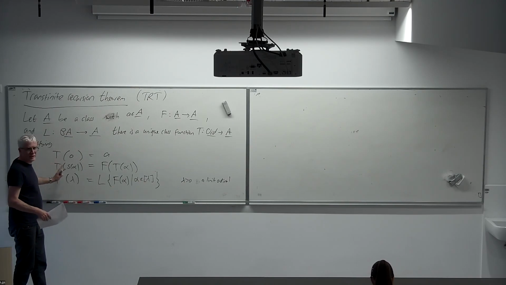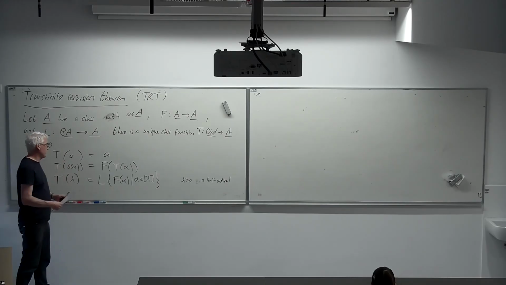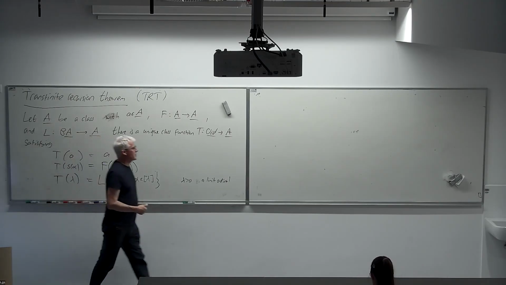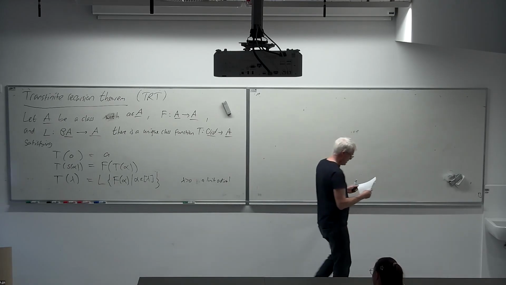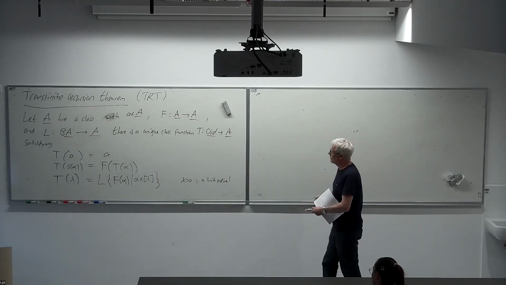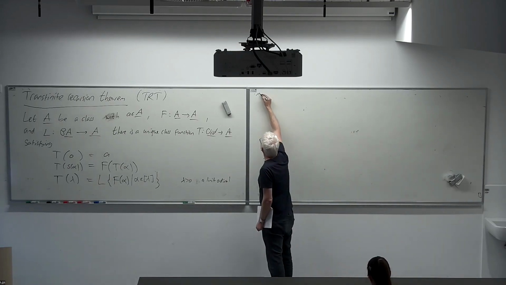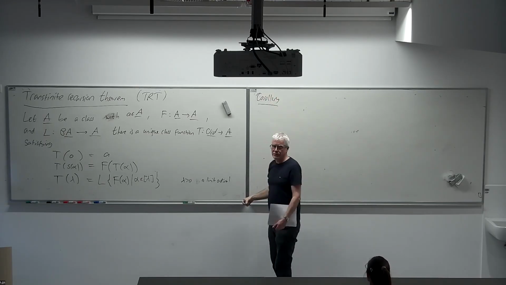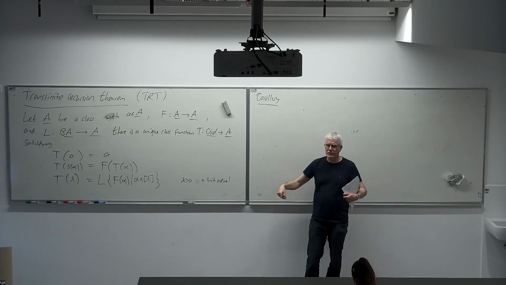But it is a bit technical, so I'm going to leave that for the end of the lecture, and before that I'm going to look at applications of this theorem. So a first application of this recursion theorem is a corollary: if we have two different ordinal structures, then they're isomorphic.